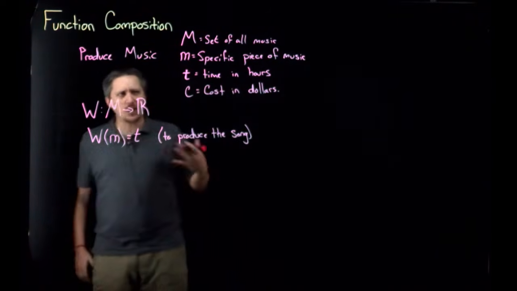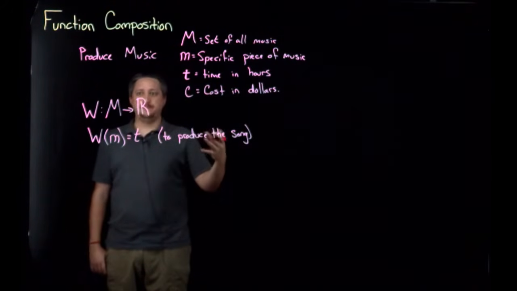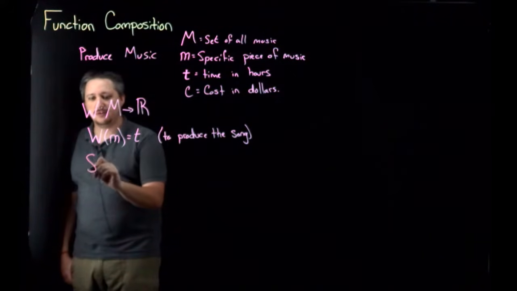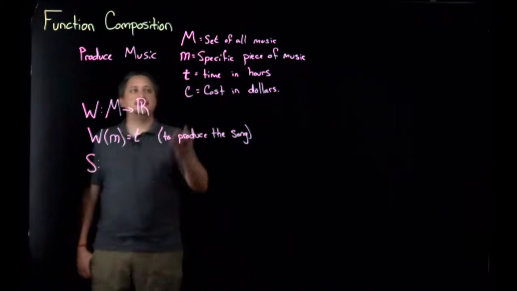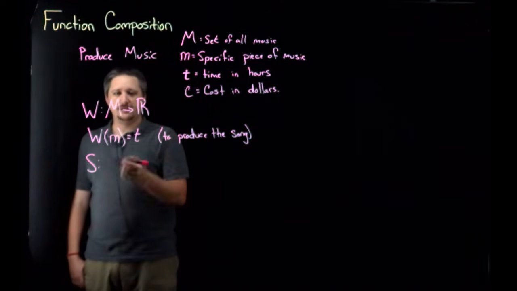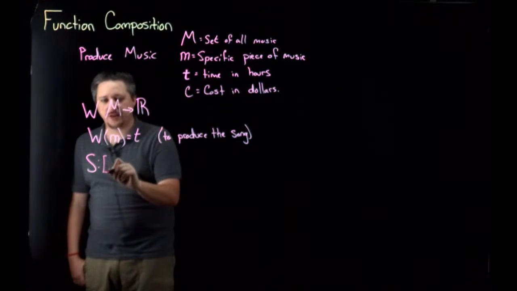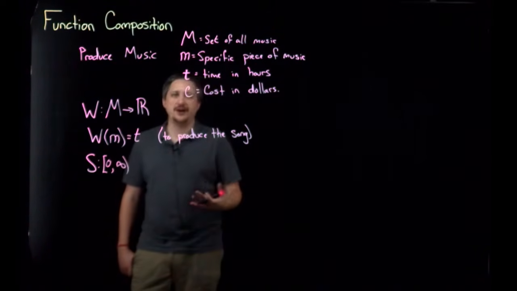On the other hand, I could have some overhead cost, right? Some studio cost. So maybe we'll call that S. And what S does is it takes in a time, so it takes in some positive real number. So I'm going to write an interval here, 0 to infinity, not including infinity. Obviously, you can't have an infinite amount of time in there.